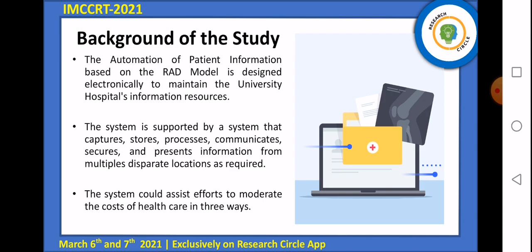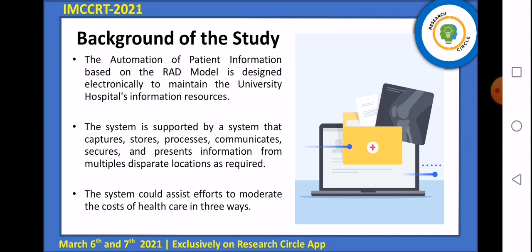This study is designed electronically to maintain the university hospital's information resources. It is supported by a system that captures, stores, processes, communicates, secures, and presents information from multiple disparate locations as required.